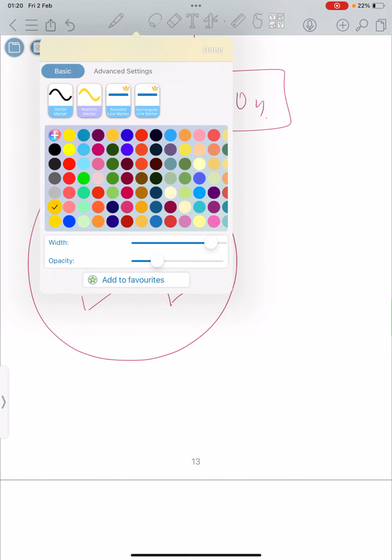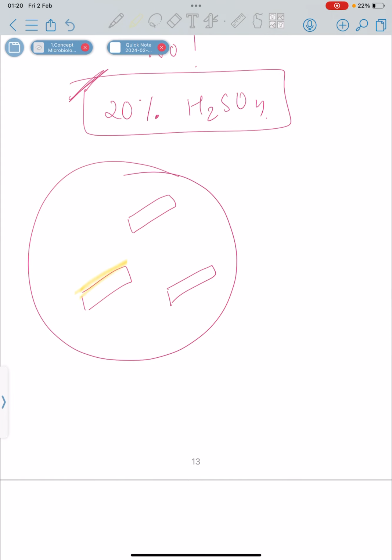So bacilli, and it has a thick layer. Number 1 step is carbol fuchsin. So anyhow we managed to give carbol fuchsin.